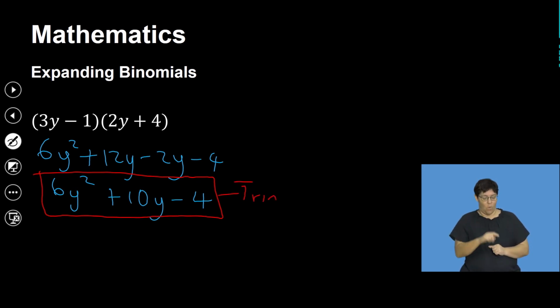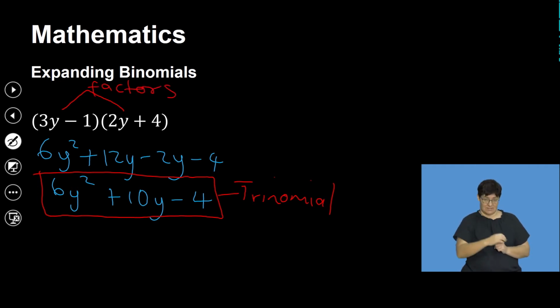This is what we call the trinomial, right? And remember what I said. I said when we're multiplying two binomials, we get a trinomial. But what do we call those binomials? These two binomials, we then call them factors. Remember that a factor is a number that you multiply with another number to get a certain number. So for example, if I say 10, what are the factors?